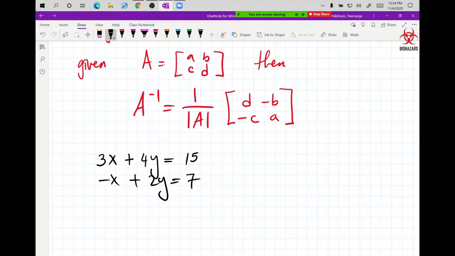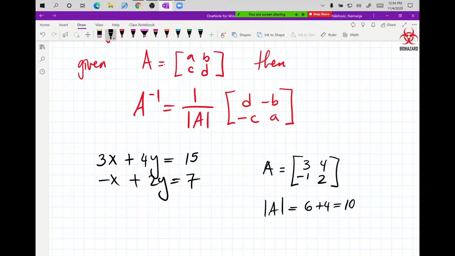I don't care, put literally whatever. What happens is now you can quickly write your matrix A as [3, 4; negative 1, 2]. And you can quickly compute the determinant as well, because it's just going to be 6 plus 4, which is 10. Because minus and minus gives me plus, 6 plus 4 is 10.